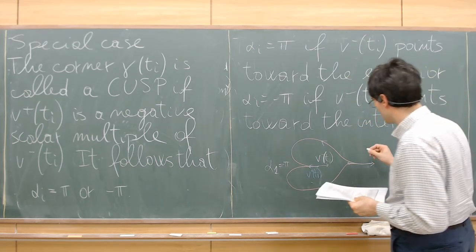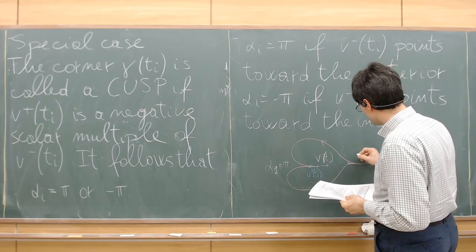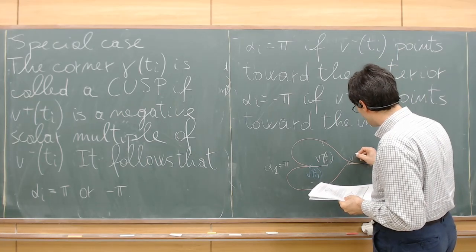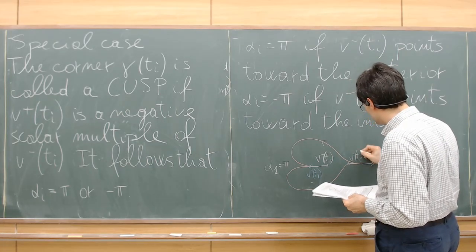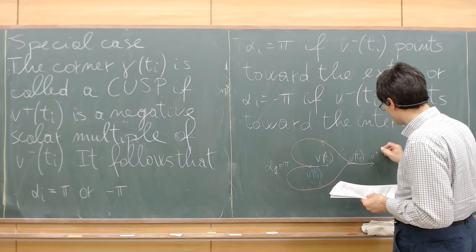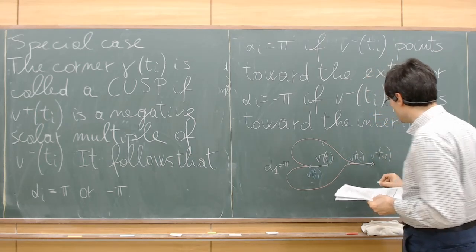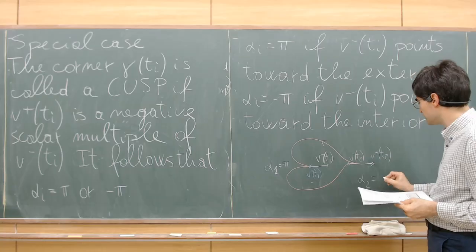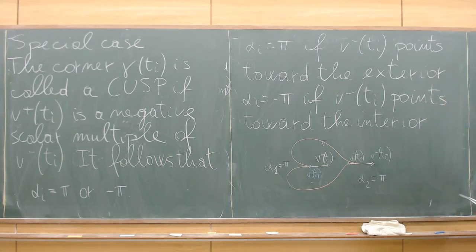So precisely we have V minus T2 and V plus T2, and alpha 2 is exactly pi because we are in the first case.